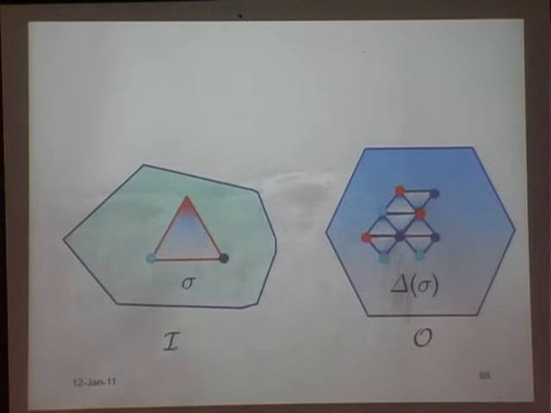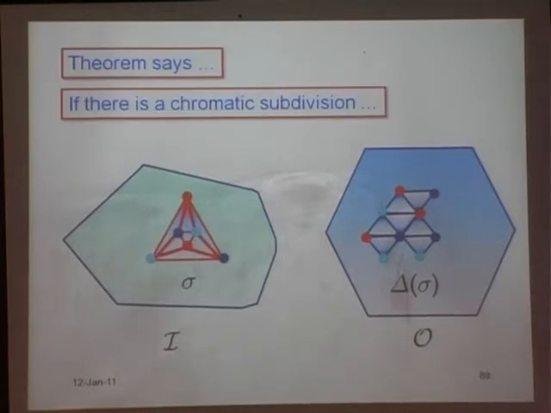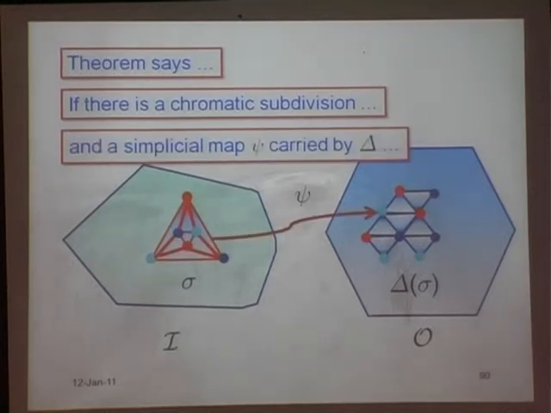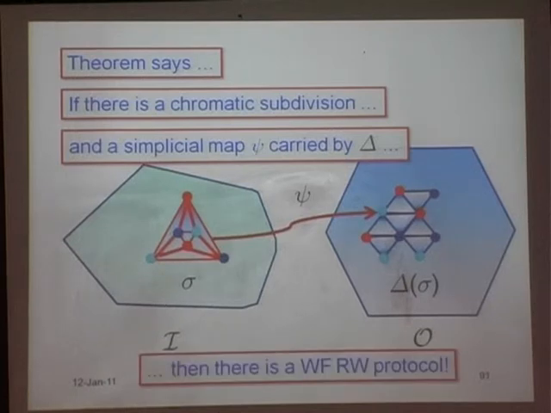And what I want to prove is that if there is a chromatic subdivision of sigma, and I'm not saying anything about what it looks like, any chromatic subdivision, and a simplicial map C, which is carried by a big delta, then there's a wait-free read-write protocol. So I'm given a subdivision, I'm given this map, and I want to get a protocol out of it.